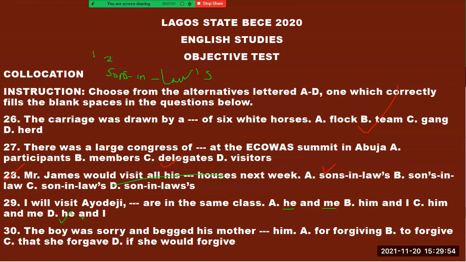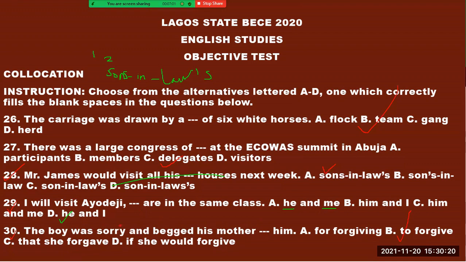All right. So that's the appropriate option. Now, question number 30. Now we are through with 29. The boy was sorry and begged his mother dash him. A, for forgiving him, no. B, to forgive him, yes. And begged his mother to forgive him.